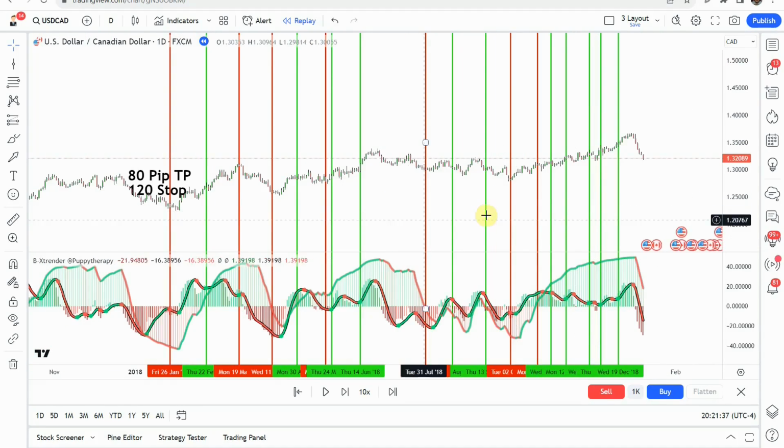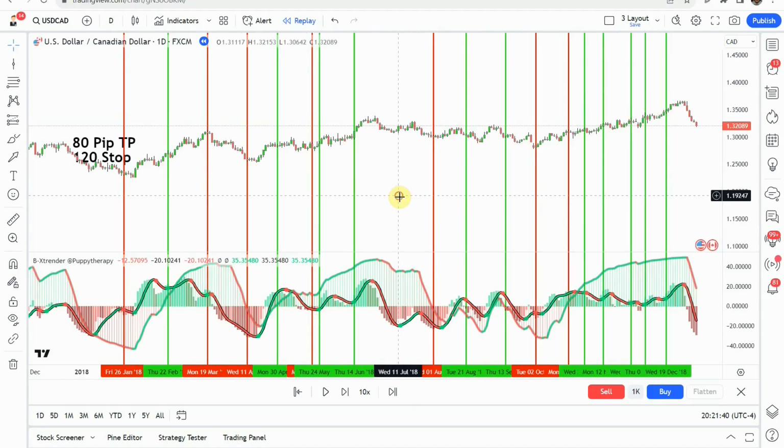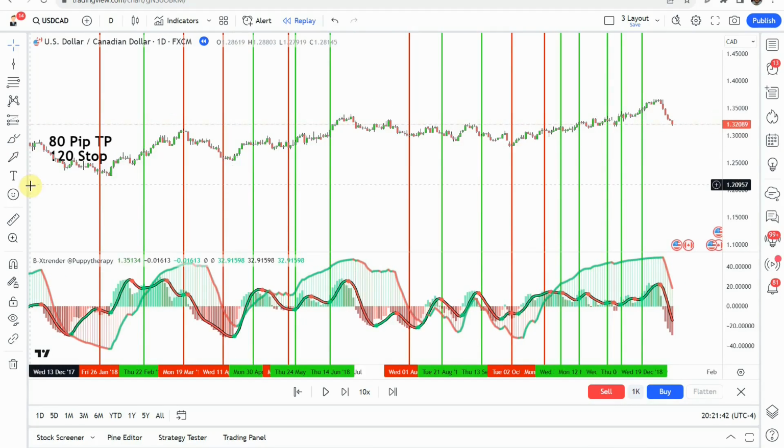Alright, so let's go ahead and take a look at our indicator. Let's scroll back here. Some decent number of trades within the 1 year's time. So let's go ahead and count them out and see what we have. So 1, 2, 3, 4, 5, 6, 7, 8, 9, 10, 11, 12, 13, 14, 15, 16, 17, and 18.